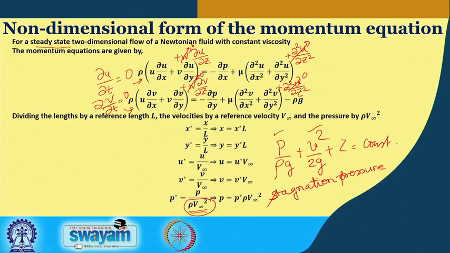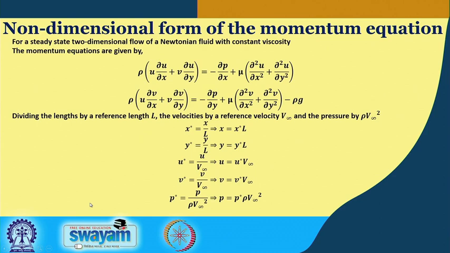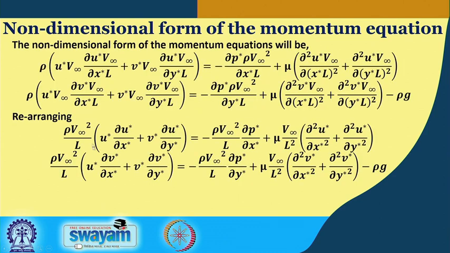So, after getting these non-dimensional numbers, we plug all those non-dimensional parameters into the momentum balance equations in the x direction and y direction, and we get these equations. Again you can take out all the constant values from the differential, and you will get this equation.